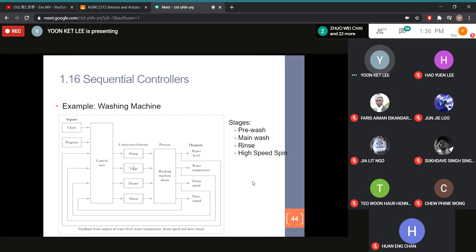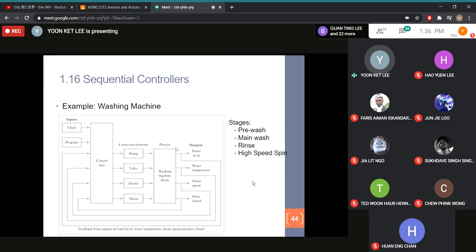For example, how to let the water in or let the softener in. The heater, maybe you need to preheat your water, and the motor sets the speed of your spin. All these actuators will control your process. What is your process? Your drum will be turned, will be spin.